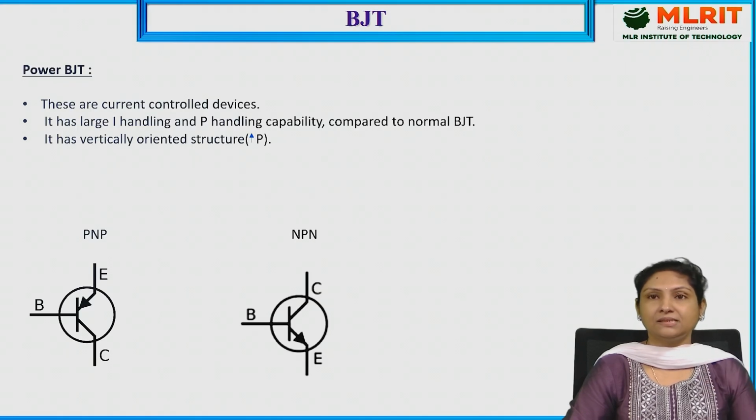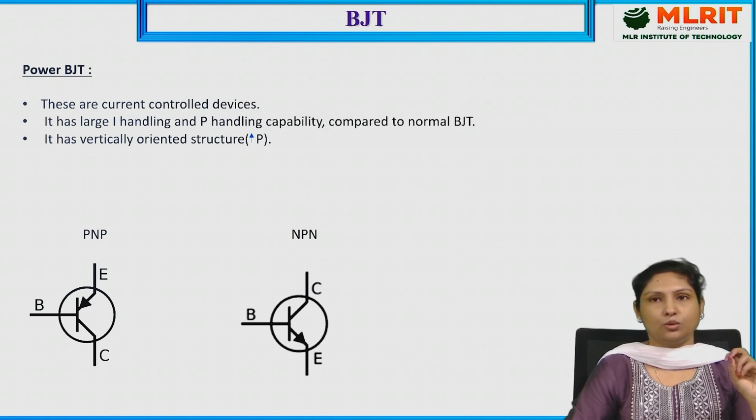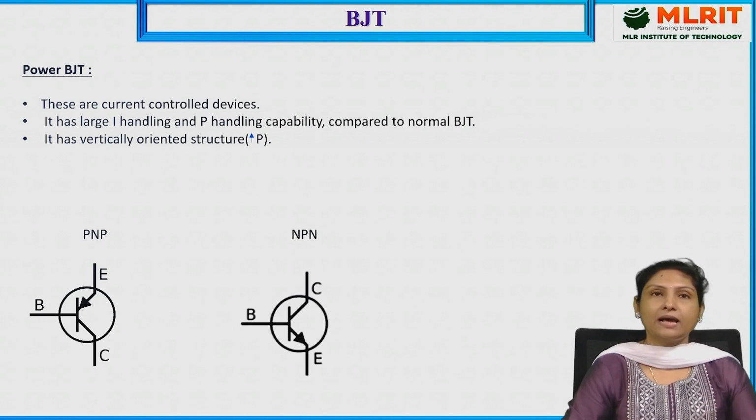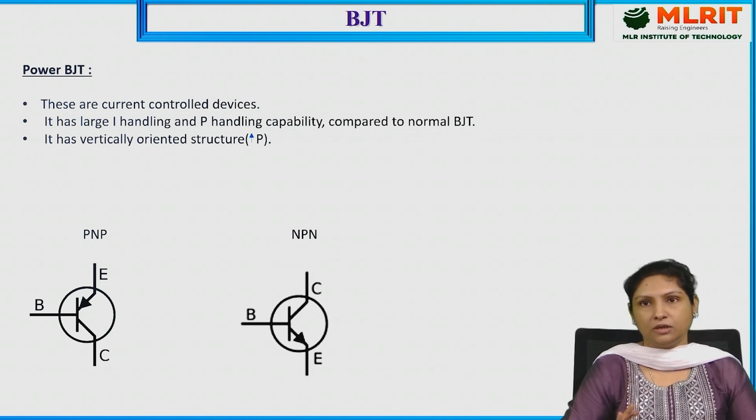Now, let us see in detail about the BJT. BJTs are nothing but current controlled devices, and a power BJT has large current handling and power handling capability when compared to a normal BJT.